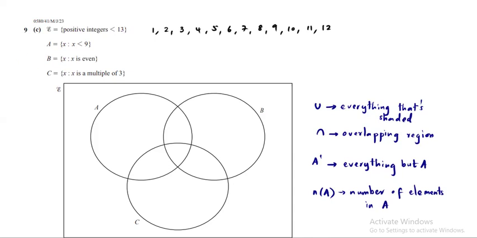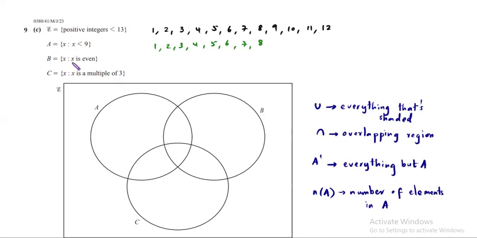Then the next one is x such that x is a number less than 9. So that's going to be 1, 2, 3, 4, 5, 6, 7, 8. The 9 should not be written because it's less than 9.